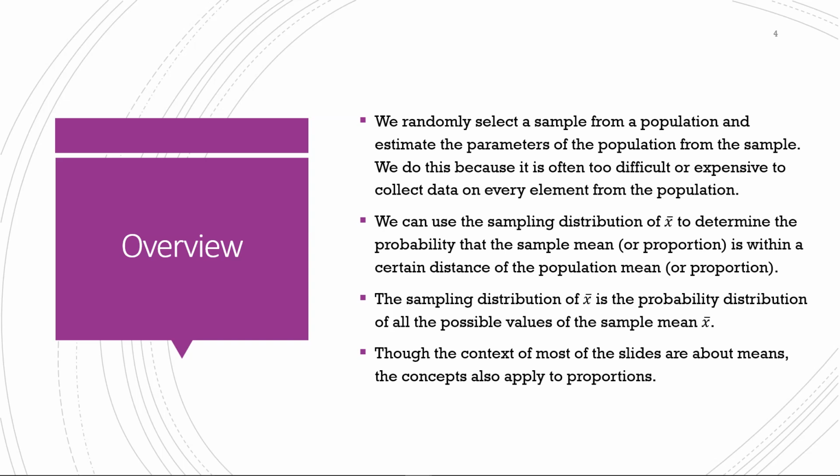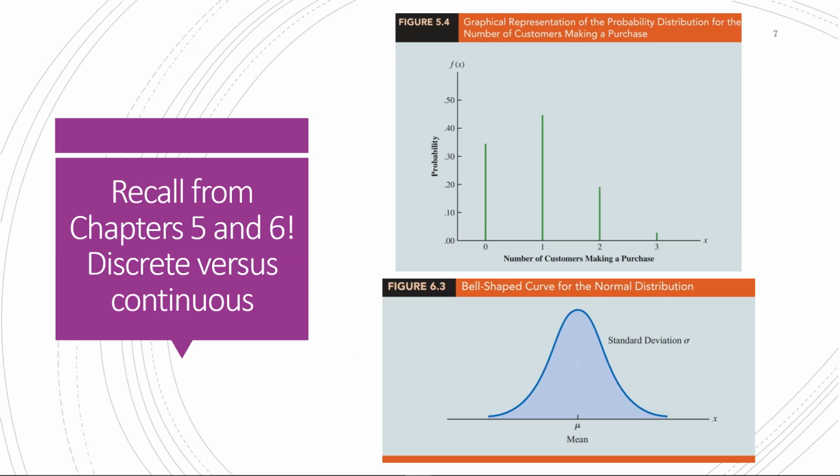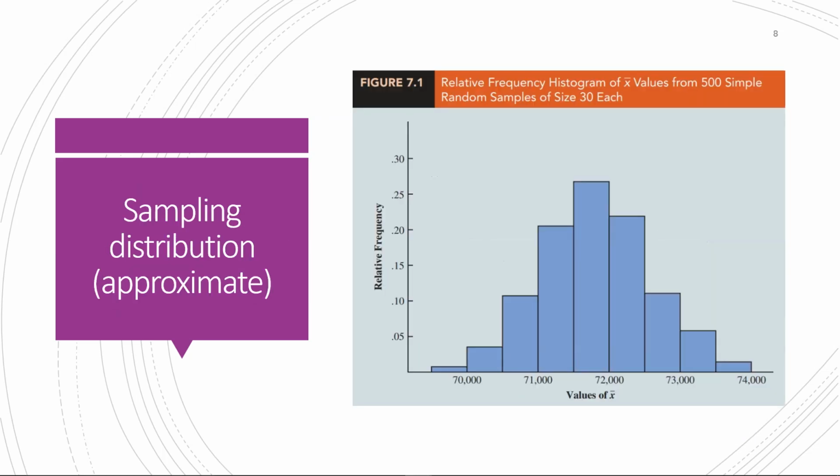So let's think about an example. Say we want to know the number of minutes people exercise per day. We could go out and ask 100 people, how many minutes per day do you exercise? They tell us, we calculate the average, and then we say, this is a good estimate of the population. But say we collected the same information on a different sample of 100 people, we'd probably get a different mean.